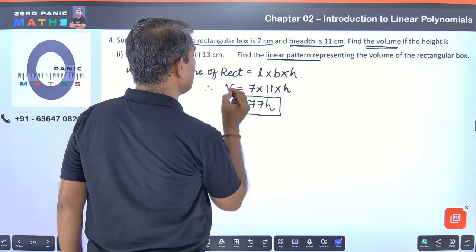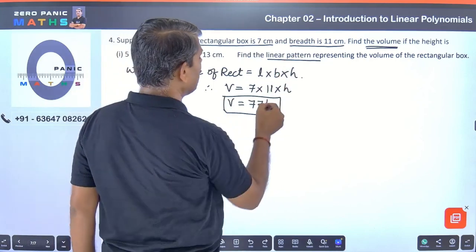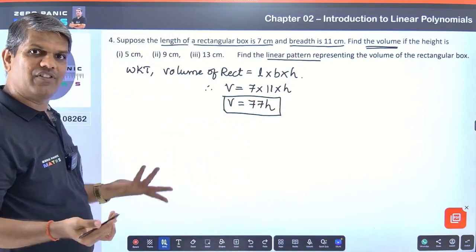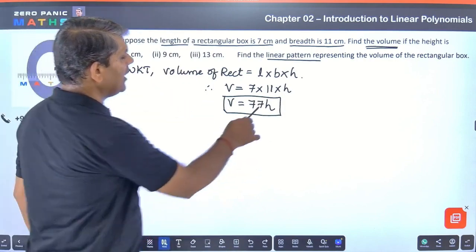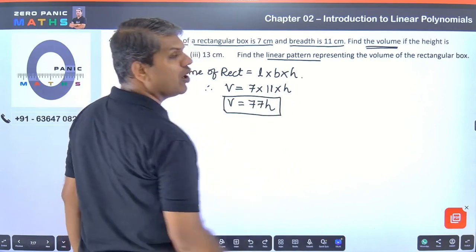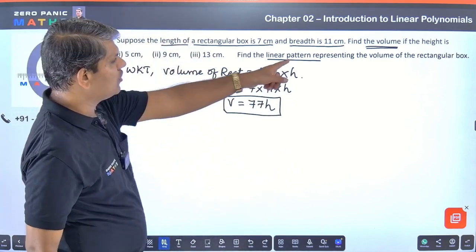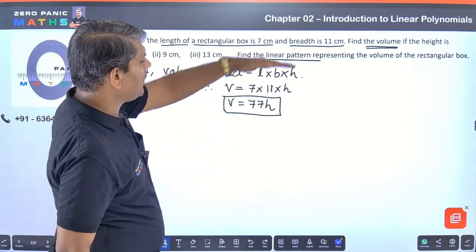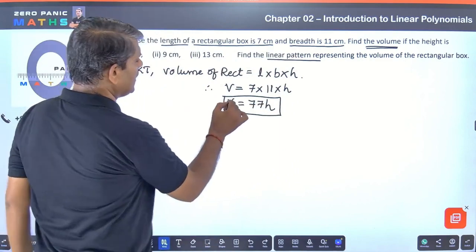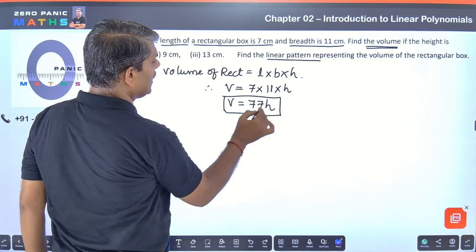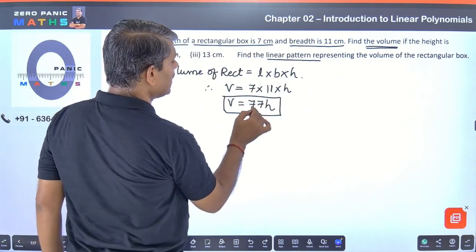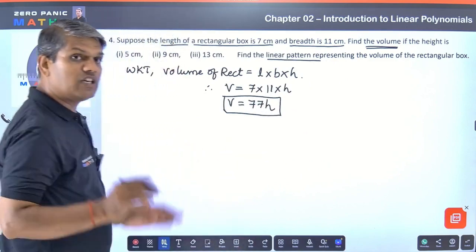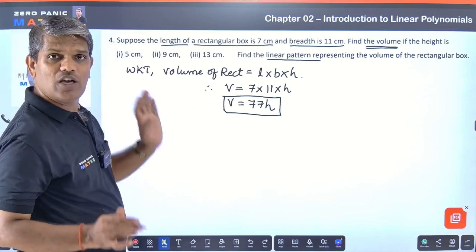This we can write as the linear pattern observed here: 77H, considering V as the volume of the rectangle and H as the height of the rectangle. You can write it yourself. The last part I have resolved first. Since length and breadth are given, 77H will become the linear pattern for this problem.